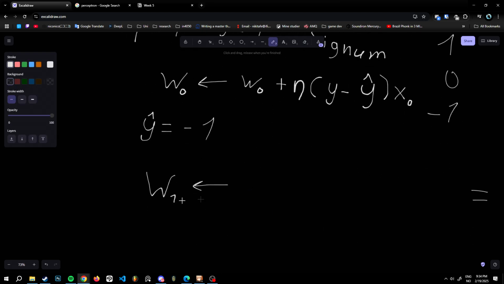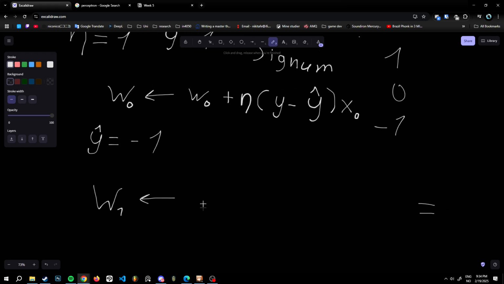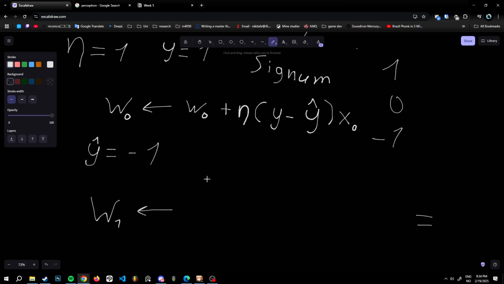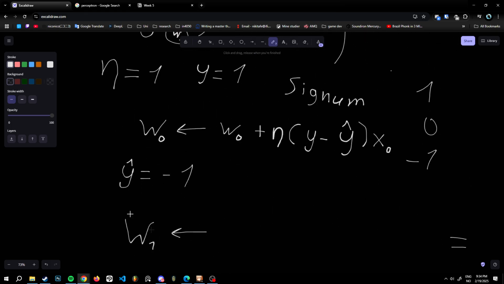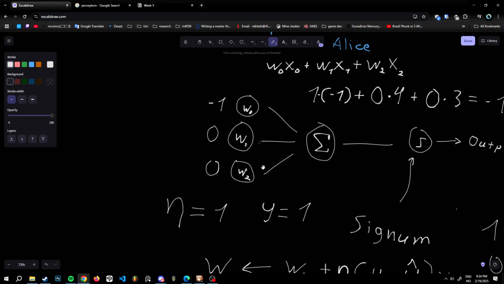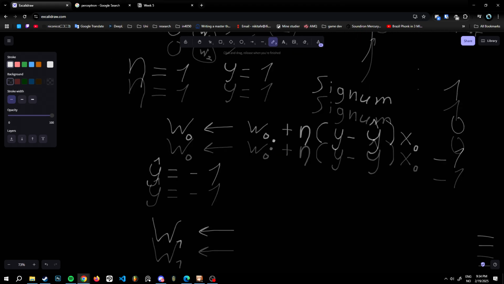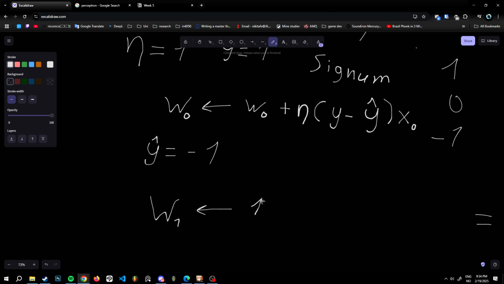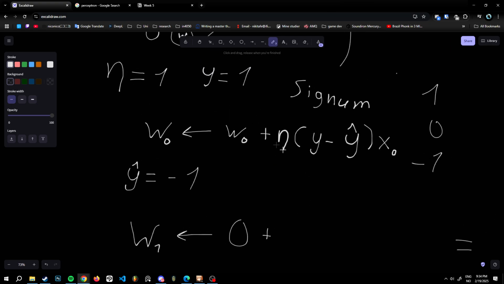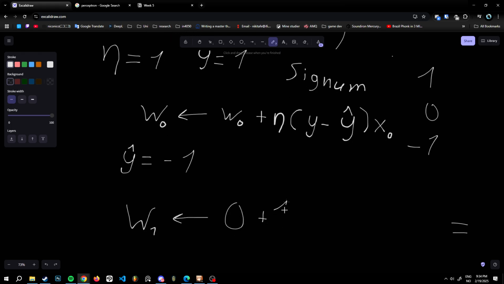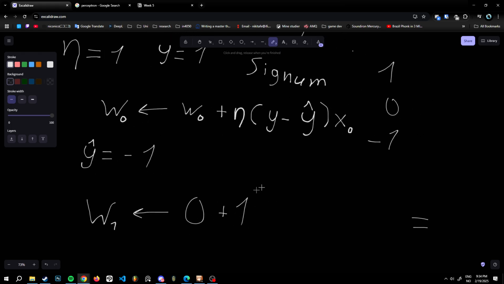So here's our second weight, weight 1, the new weight 1, because of this thing, this basically means this goes into here. And the weight 1, our previous weight 1 was 0, so we do 0 plus the learning rate, and our learning rate, as we know, is 1.